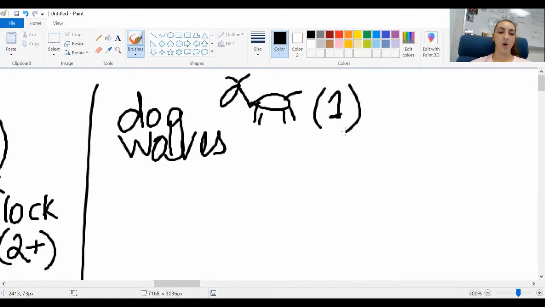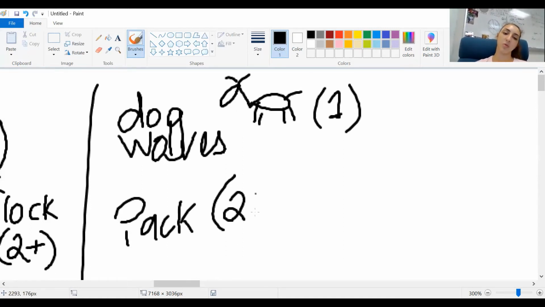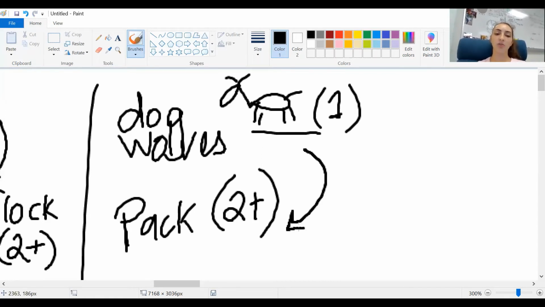You get what is called a pack. And that's going to be multiple. Okay. I'm not going to draw a pack of dogs, but vice versa. You need dogs to make up a pack, and if you pull a pack apart, you're going to get dogs.